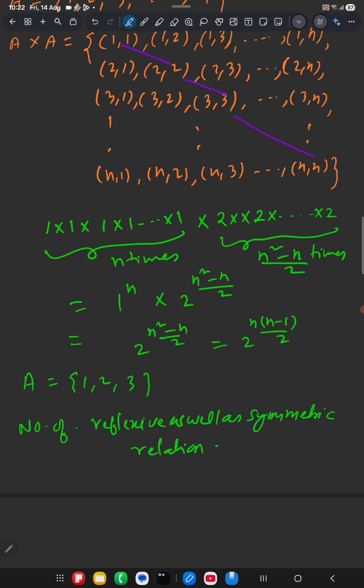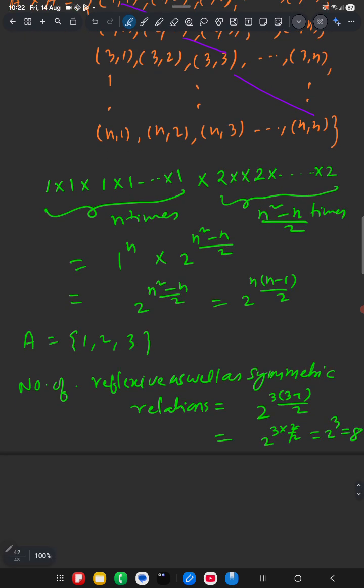If you put it in the formula, 2 raised to 3(3 minus 1) by 2, you get 2 raised to 3 into 2 by 2, that is 2 power 3, that is 8. In this way you can find it out.